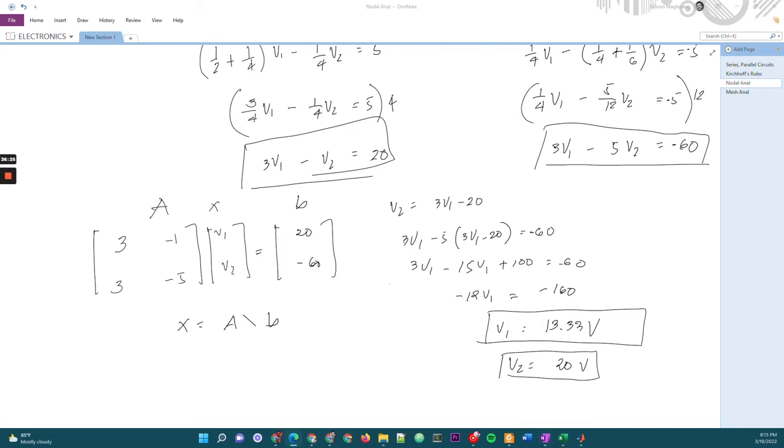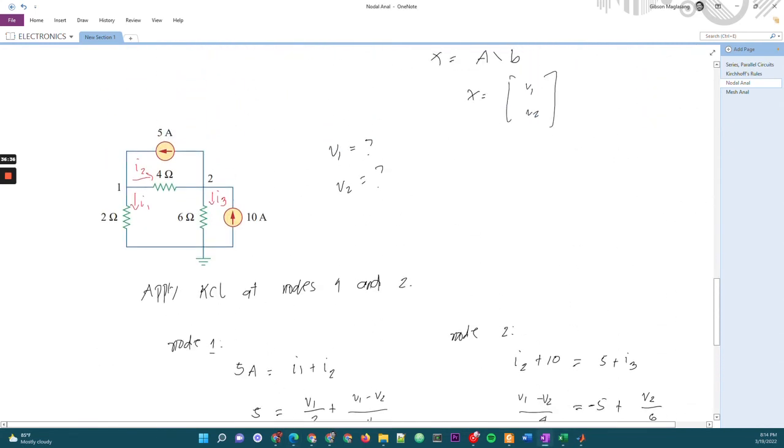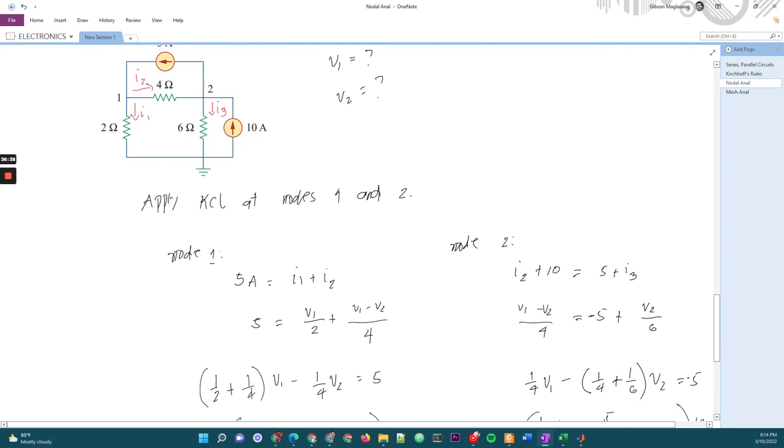Okay, I hope that is clear. Okay, so having solved the V1 and V2, nakuha na nato ang mga currents. Okay, so we have I1 and I2. So ang I1 nimo is just V1 over 2, right?